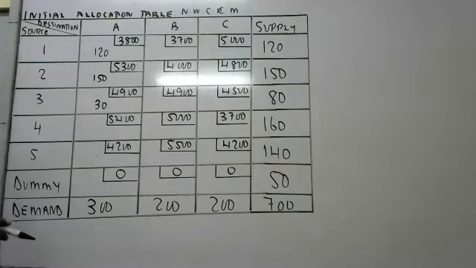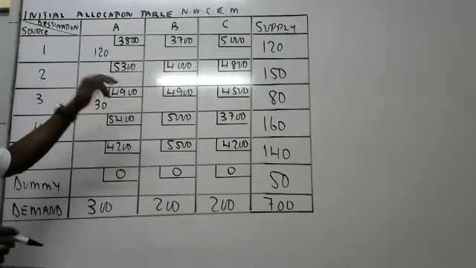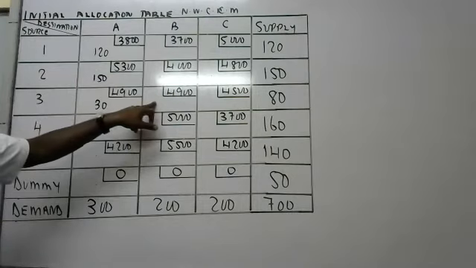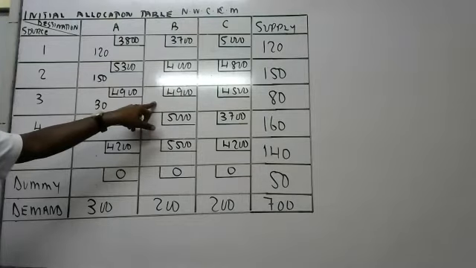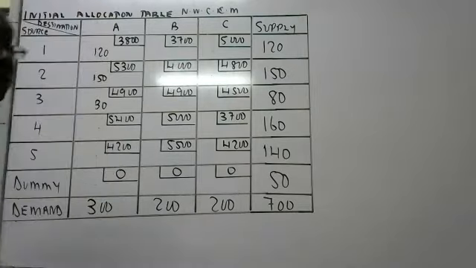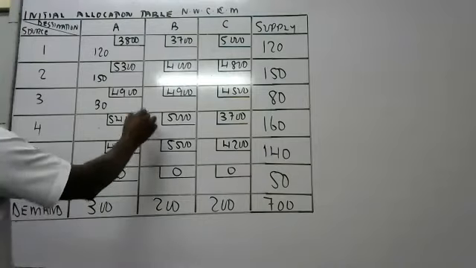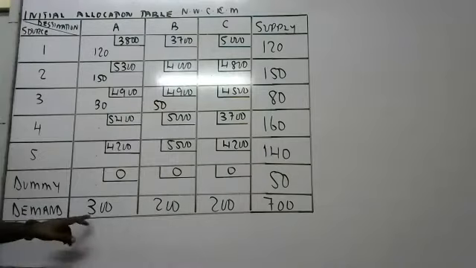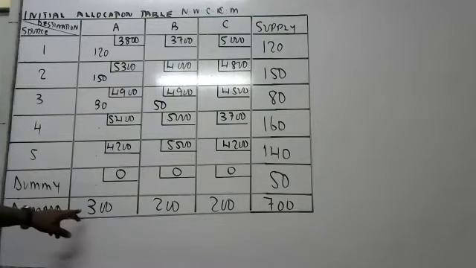So the next northwest corner is this one. So when you get here, the available there is 50. The unsatisfied is 200. So the smaller is 50.